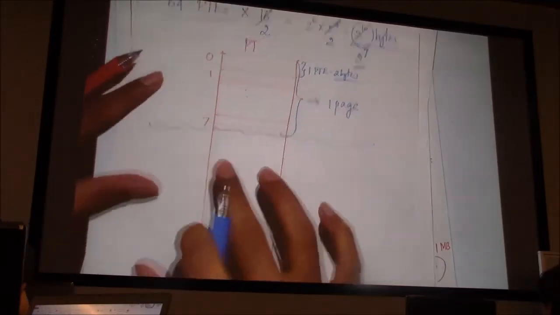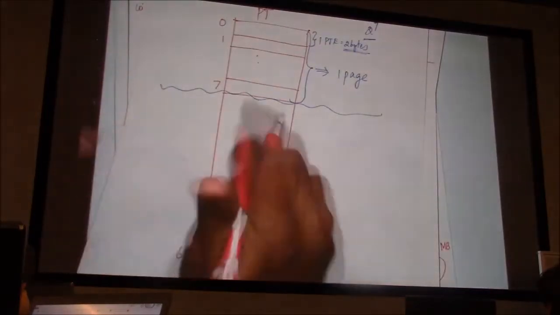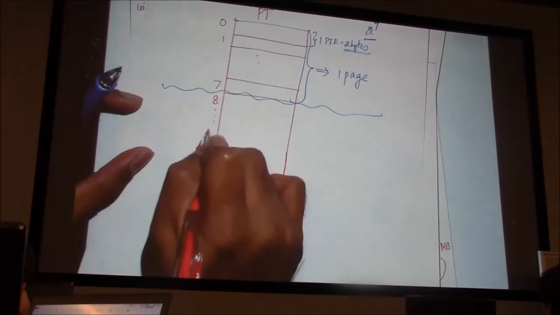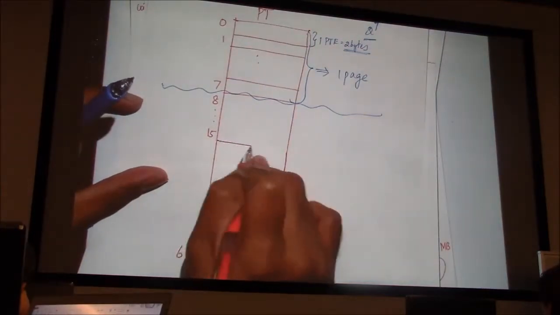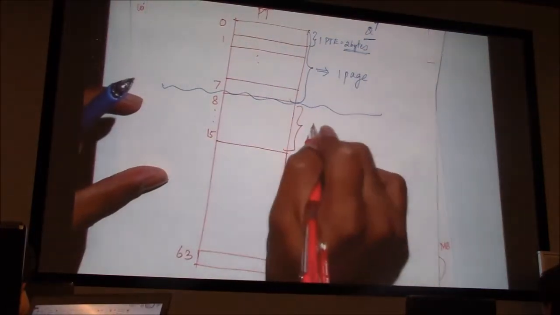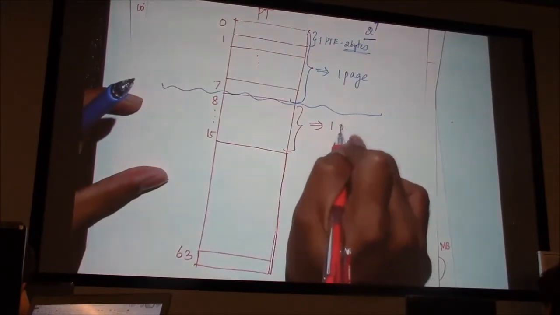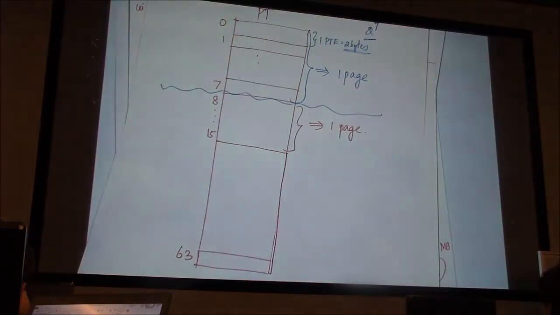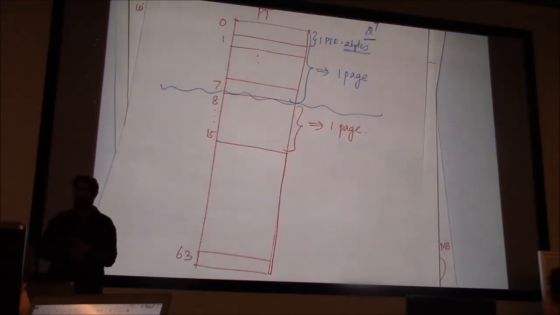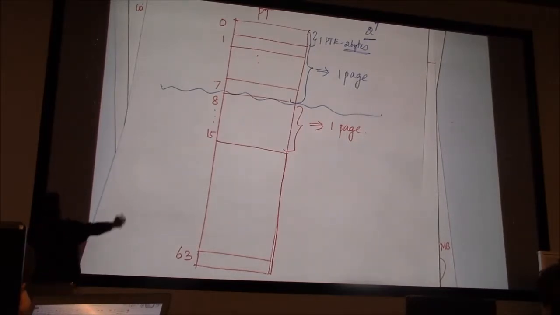In a similar way, you can keep on doing this from 8 till 15, okay? The next entries are going to be stored in another page. If we do this in this way, how many pages do we need to store this entire page table? Just think about it.